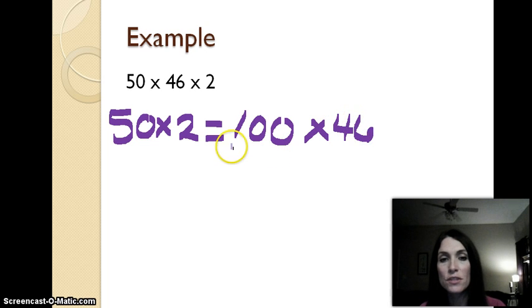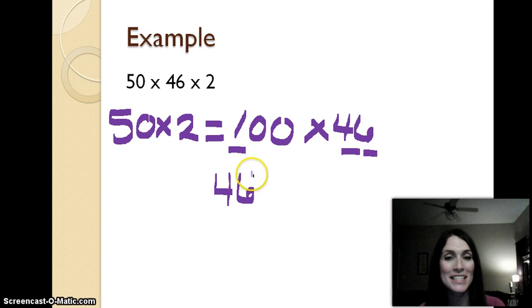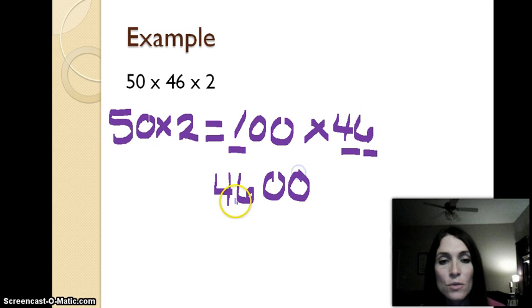And this is where I could use the strategy of underlining the digits that have value, which would be the 1, the 4, and the 6. Multiply the 1 and 46 together. 1 times 46 is 46, and then I would bring down both of my zeros. So I would get 4,600. And that would be the product of 50 times 46 times 2.